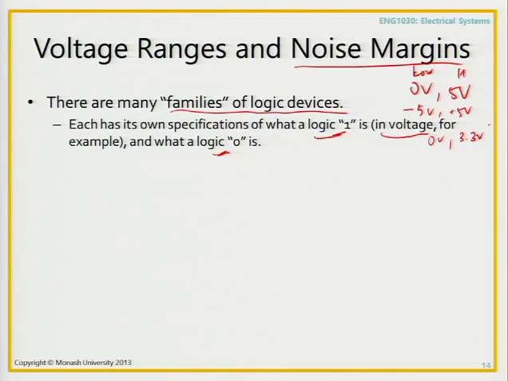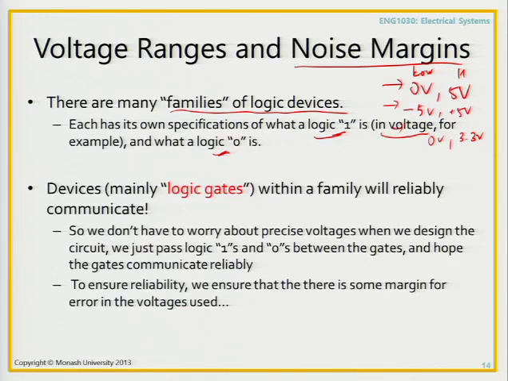Okay, so it should be pretty obvious that if I'm using devices from different families, you're going to probably get some errors if you try to connect these devices together. But we'll go through that now. So these devices, if they're within the same family, will be designed to work reliably.